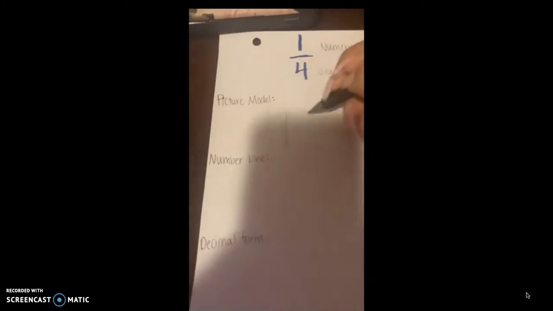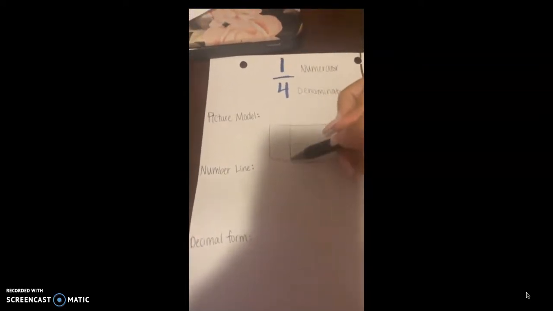So for my picture model, I'm going to draw a rectangle and split it into 4 pieces, the total number of pieces that we have, which is our denominator. Now, they're supposed to be equal pieces, but as you can see, some of them are not equal.